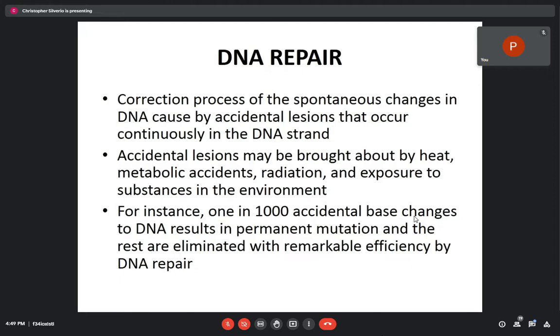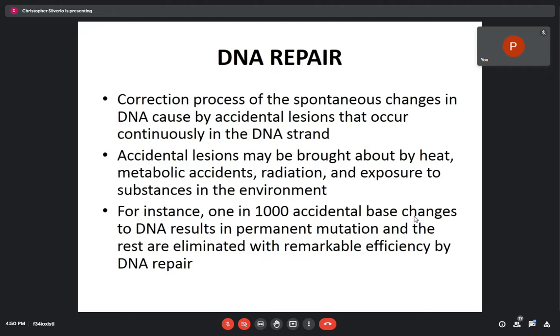And the DNA repair is a correction process of the spontaneous changes in the DNA, which cause what is known as accidental lesions that happen continuously in the DNA strand.